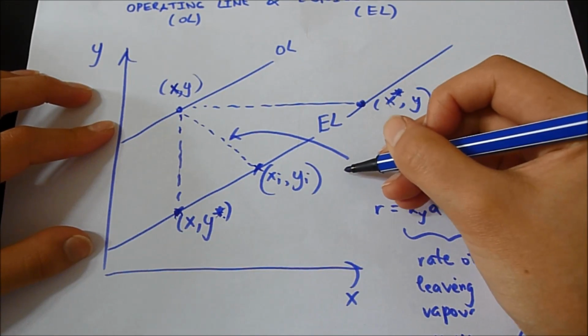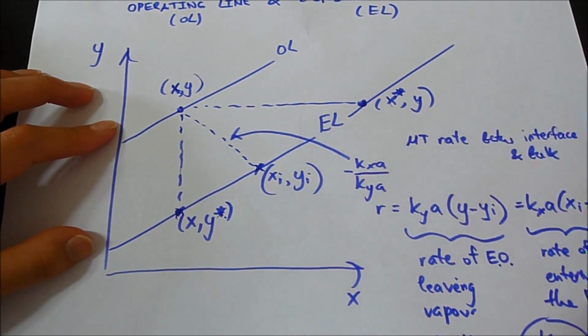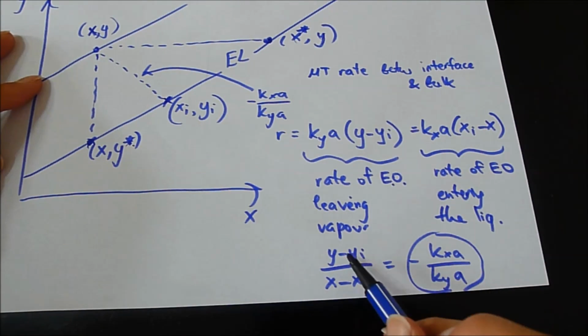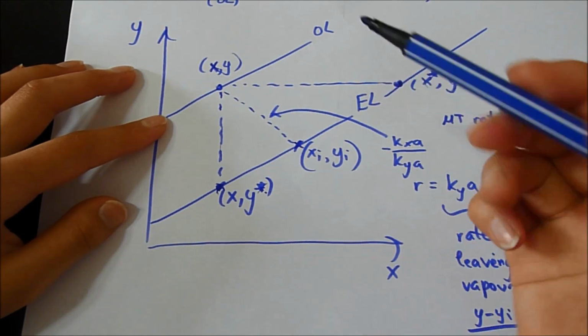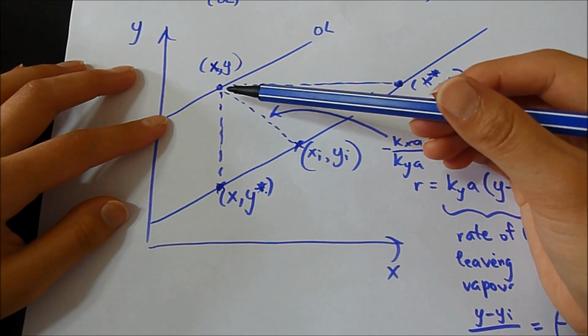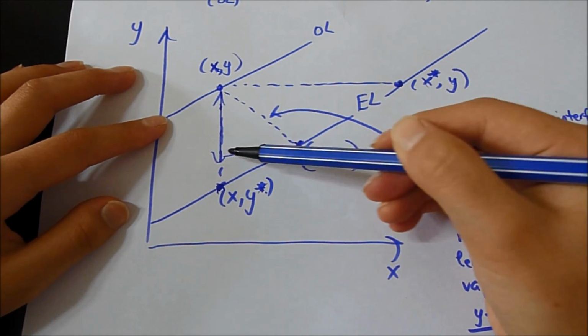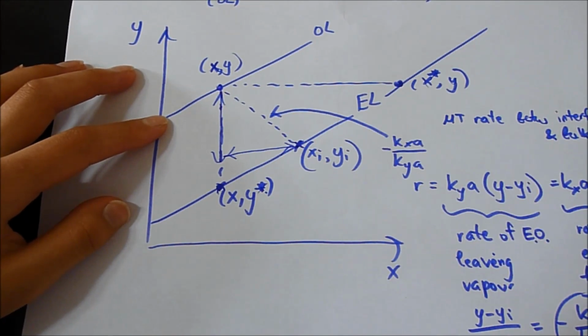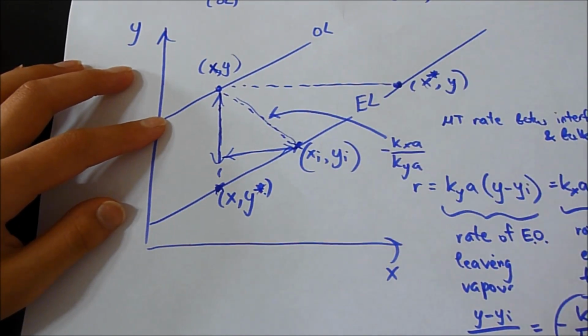This slope is equal to minus kxa over kya. And when you see y minus yi over x minus xi, then you can see basically this and this. So basically this over this is equal to this.